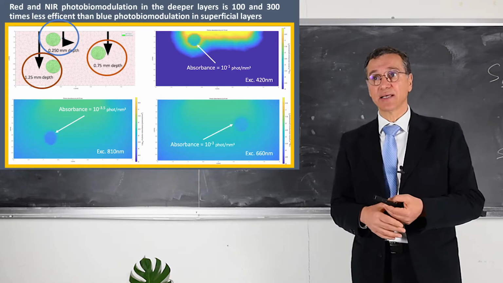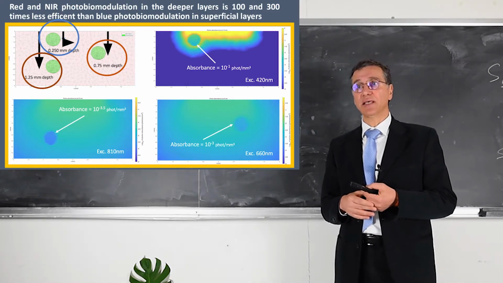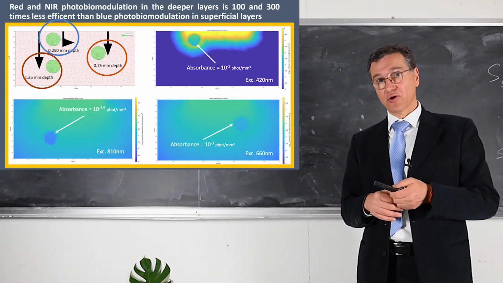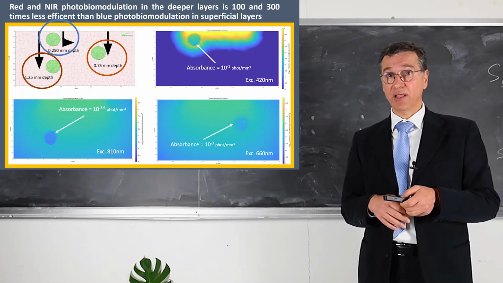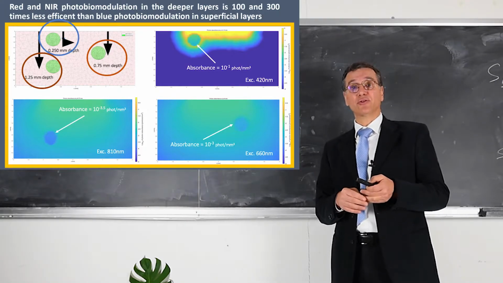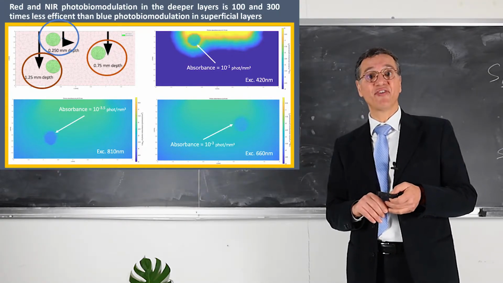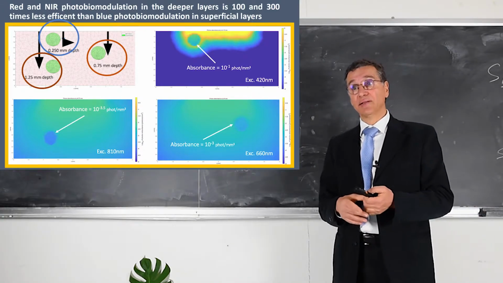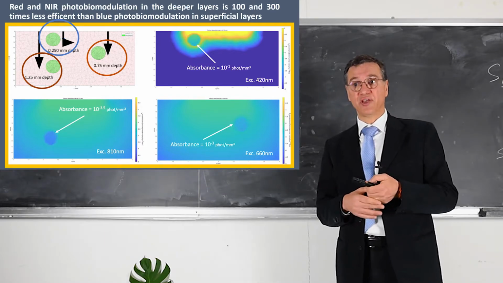So in that case, what is the result? We are photoactivating cytochrome deeper with red and near infrared, but with near infrared, we are about 300 times less effective in photoactivating the cytochrome than the blue on the surface.